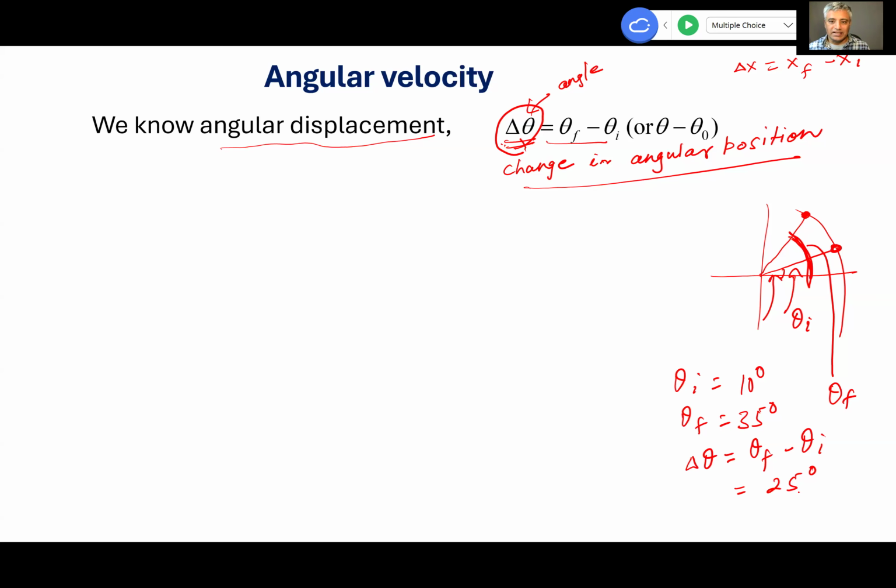Similarly, in the SI system, the unit of angle is taken as a radian, okay? So the unit of angle is radian. That's what we use.